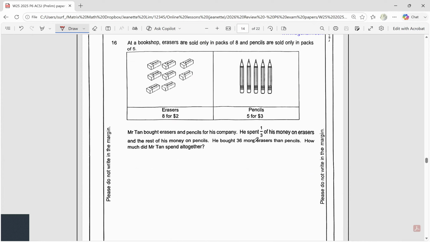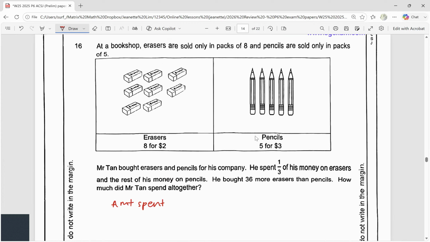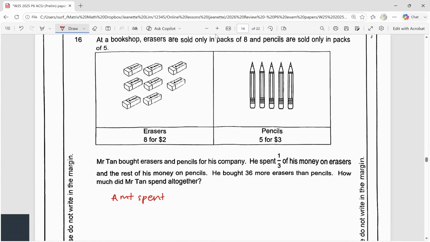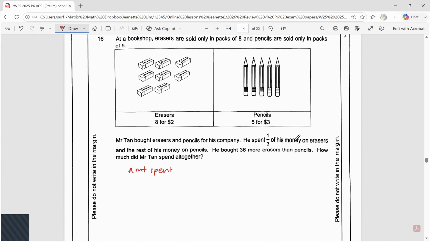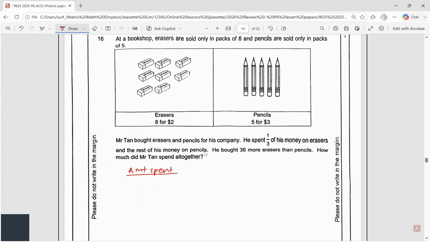So if we are talking about the amount spent, he spent 1/3 on erasers, which means that he would have spent 2/3 on pencils. So erasers to pencils would be 1 to 2.